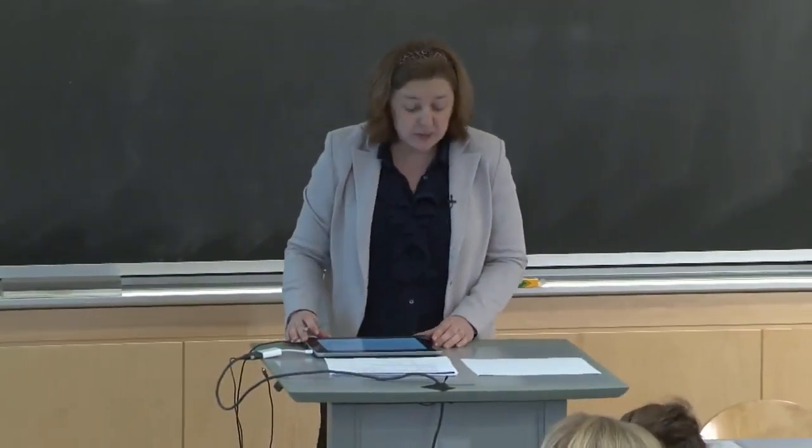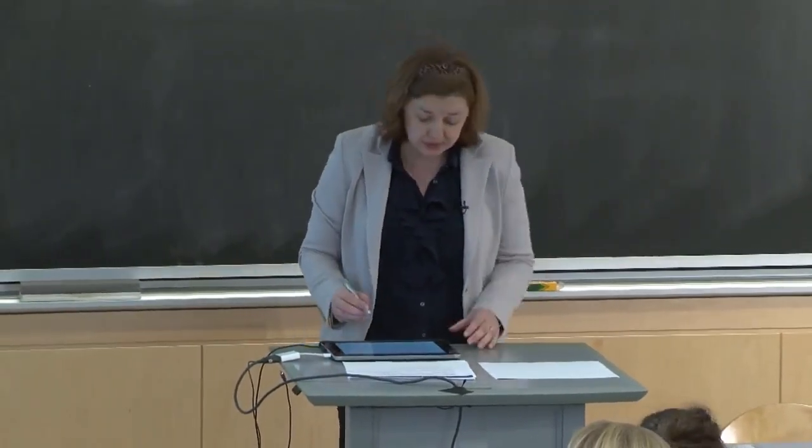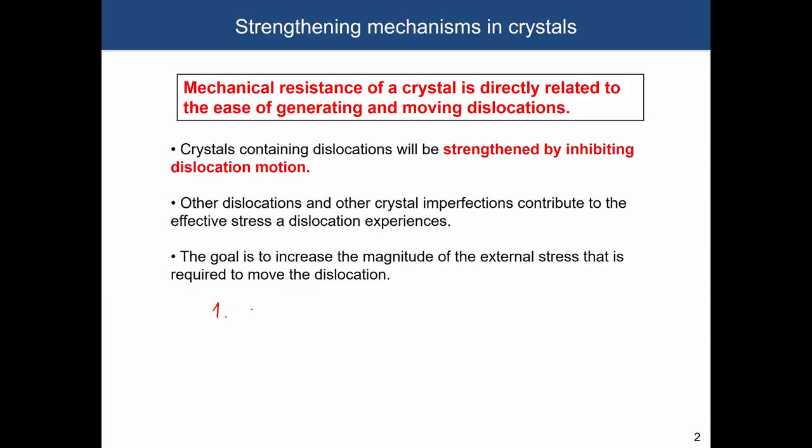We will specifically talk about 4 different processes. The first one will be grain size and shape engineering. What that means is that by changing the shape and the size of the crystals in polycrystalline materials, we will be able to increase the strength of the material.